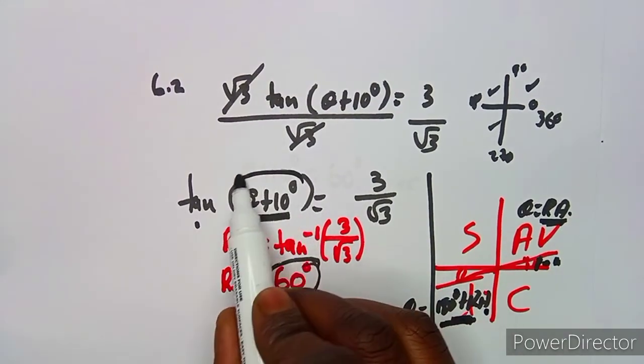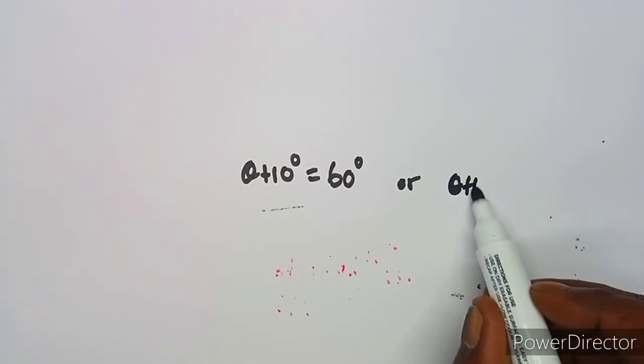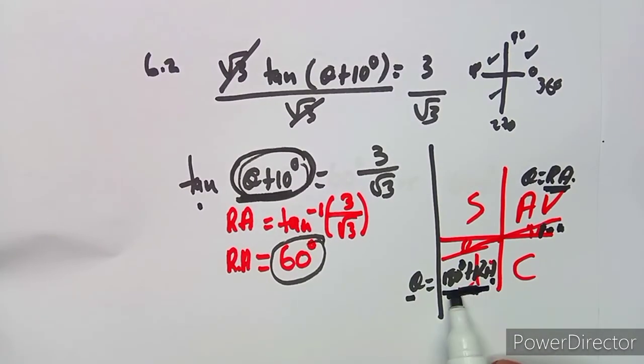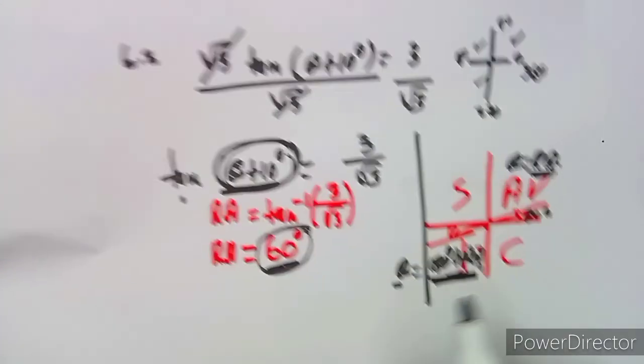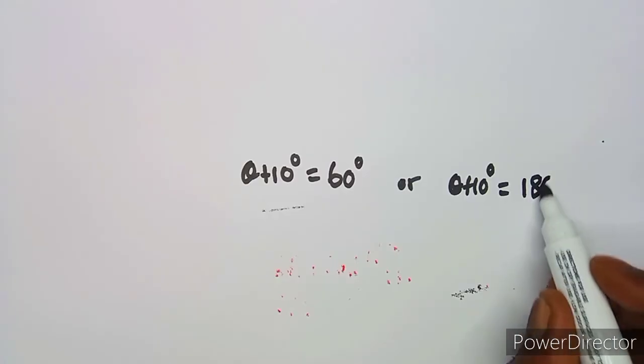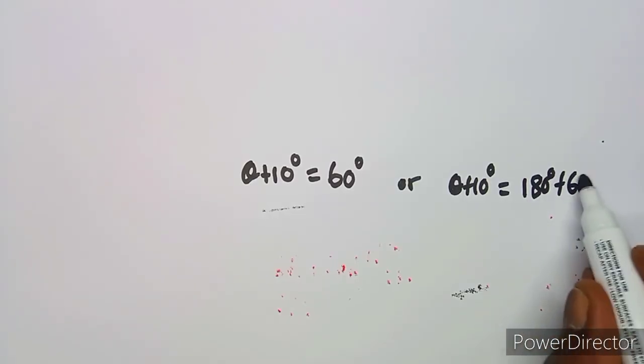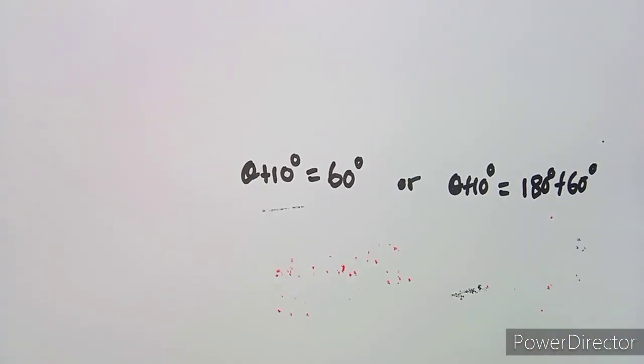So theta plus 10 degrees is equated to 180 plus 60 degrees, which is your reference angle. All right. Now we can solve for theta.